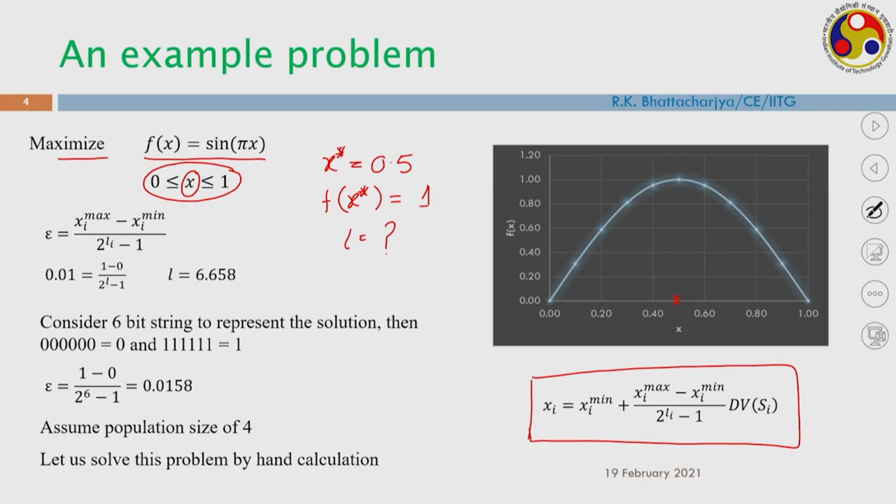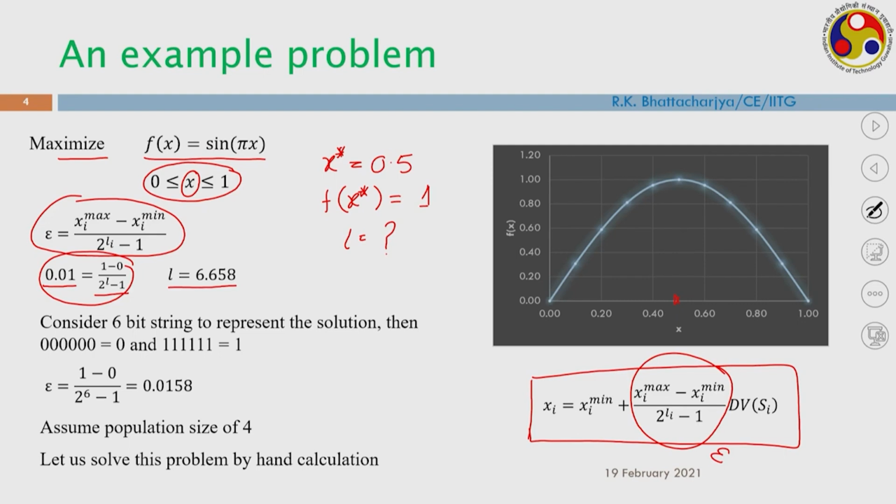I can use this mapping, and it shows the precision. What type of precision do you want? Epsilon is my precision here, and suppose I need a precision of 0.01. What is x max? x max is 1, x minimum is 0, and the denominator is 2 to the power L minus 1. If I solve it for L, I get L equal to 6.658.